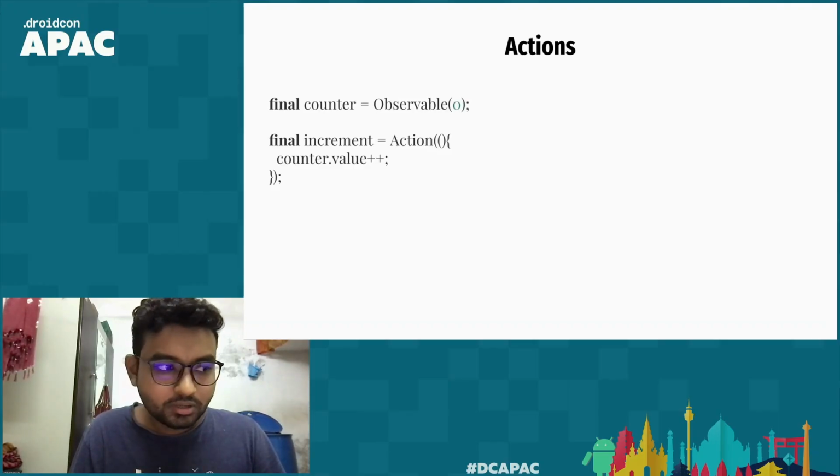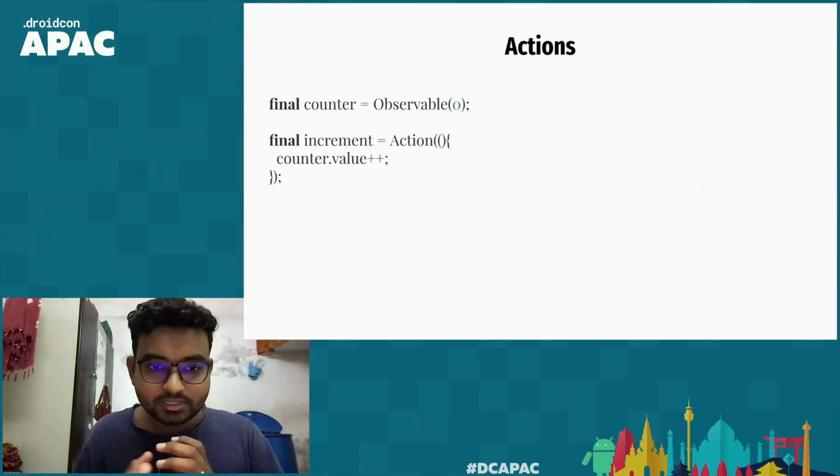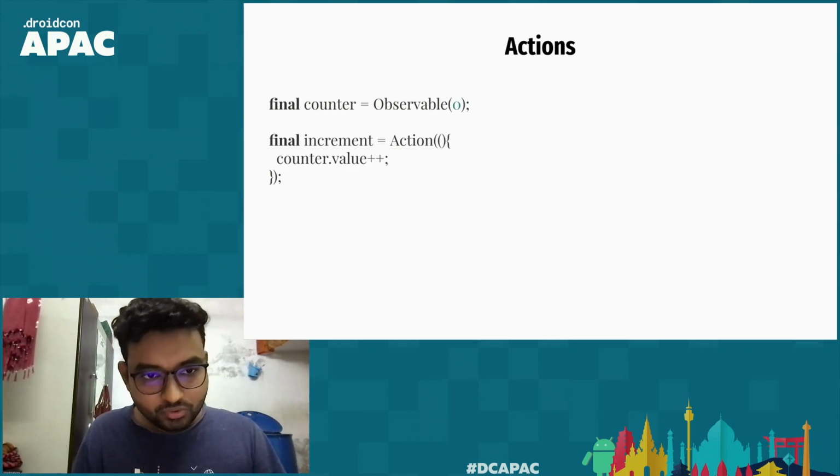So it will allow the observable to update the reactions only when this action changes. So we have one counter observable, and we are going to use an action to increment our counter value. So we are performing some action, and after this action completes, it will update the observable, and it will reflect at the UI side or wherever you are using it.